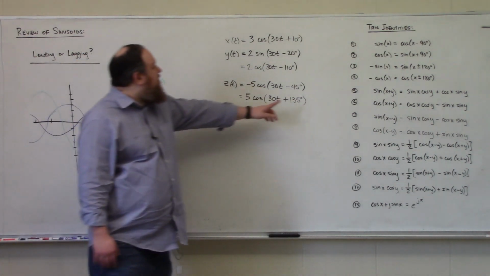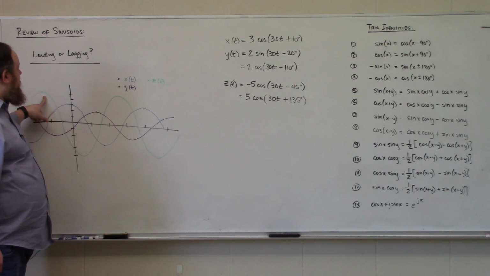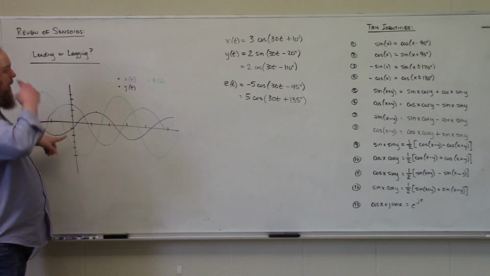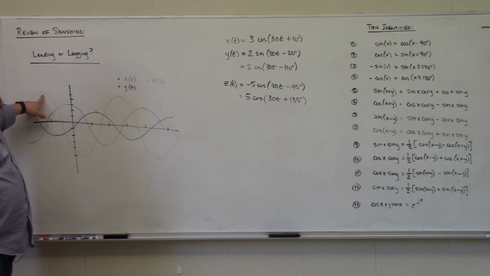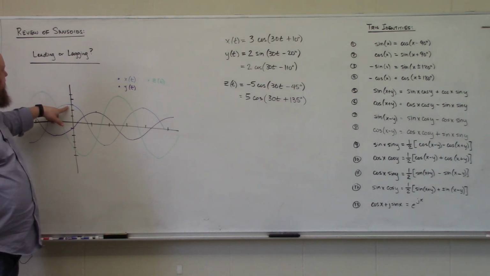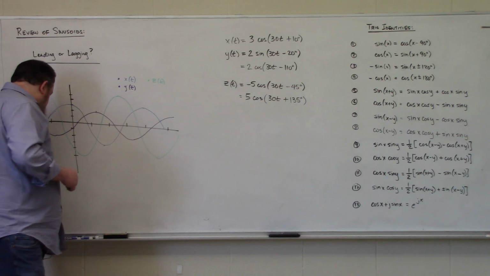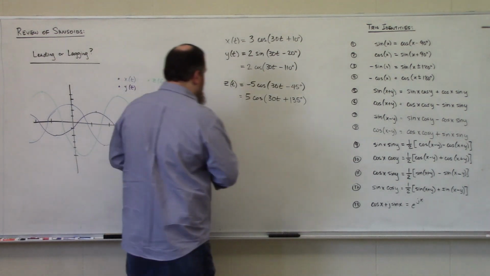So 135 minus 10 degrees. So z of t is leading x of t by 125 degrees. We see that by observing that the green peak occurs earlier in time than the blue peak. Okay. So let's write this down just so that we can see what's happening.